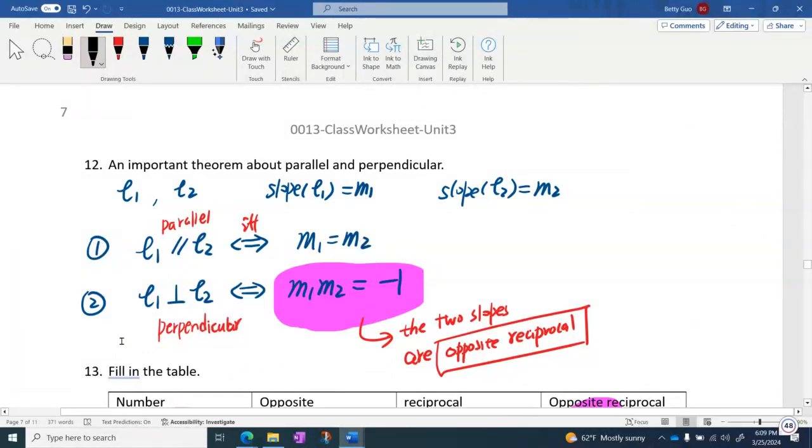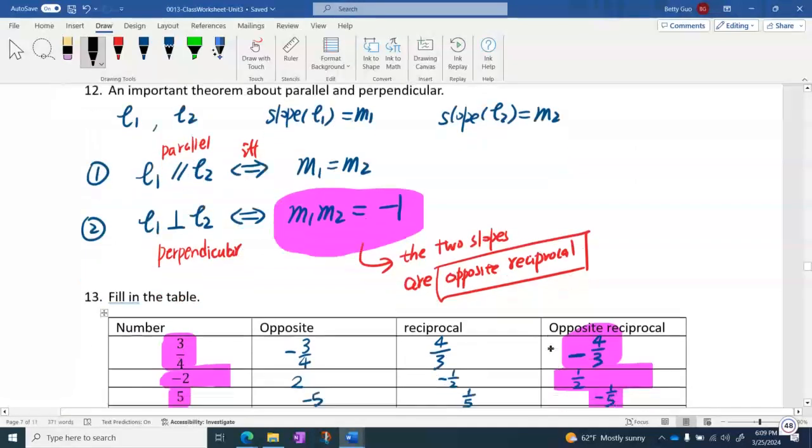And another conclusion is about perpendicular. Two straight lines are perpendicular means they cross, and the angle formed by the two straight lines is 90 degrees, a right angle. So if two straight lines are perpendicular, then their slopes must be opposite reciprocals of each other.